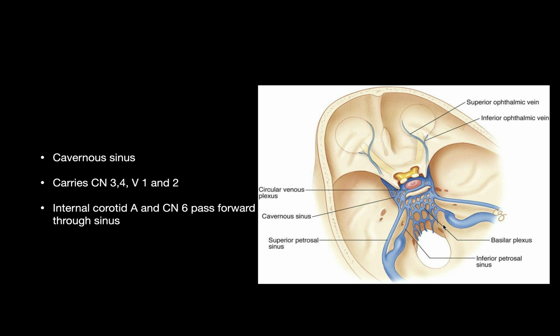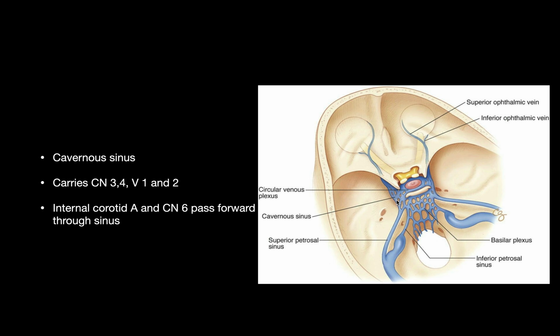So the cavernous sinus here, the complication is that if you have maxillary sinusitis, it might travel. As you can see, it's pretty close, and then it can cause a clot.